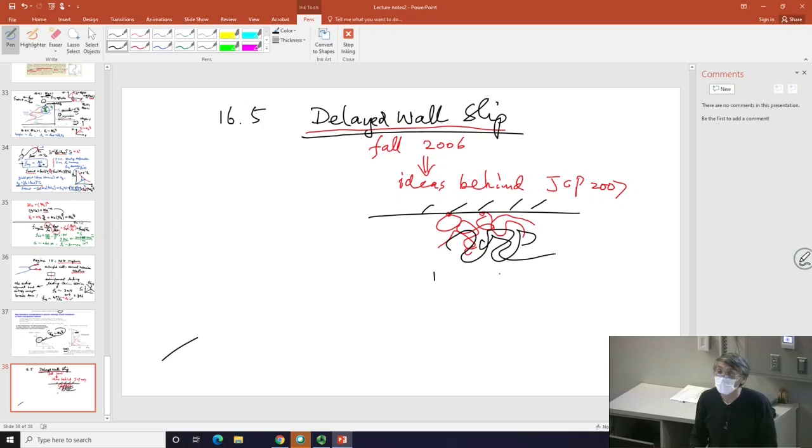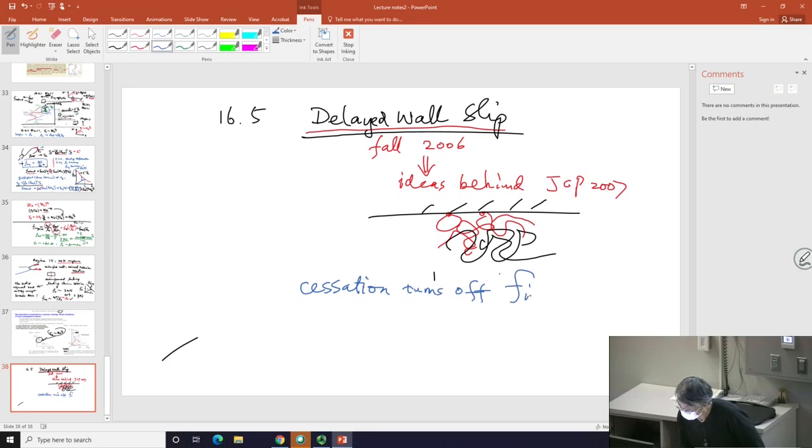If you don't stop, there's no wall slip yet, because it hasn't reached the force imbalance point. So this whole idea is about the scission turns off the grip force. So that's the insight.